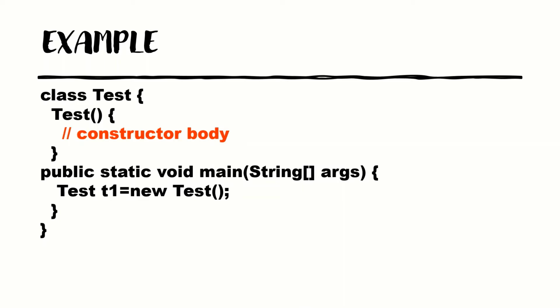Inside the class Test, you are going to define a Test constructor. Inside it, you will write your logic or initialize variables. Once you initialize the variables, how are you going to call it? Inside the static method, you are going to use the new keyword, which will create the object of the Test class.